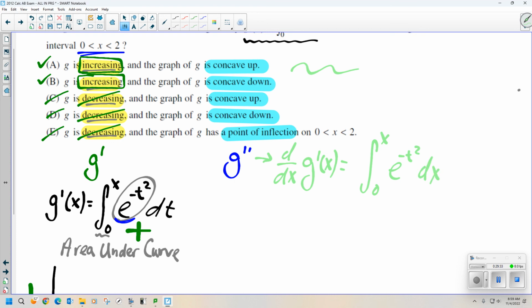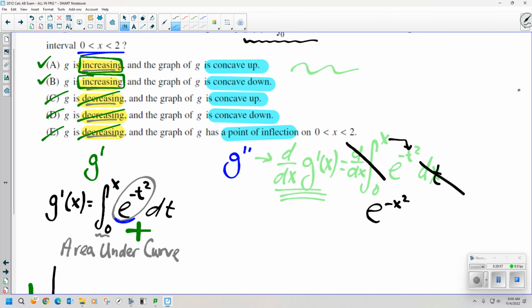So if I take the derivative of that, I also have to take the derivative of this side, which is fantastic because derivatives and integrals cancel. The dummy variable, dt, cancels, and my x just goes in for that t.